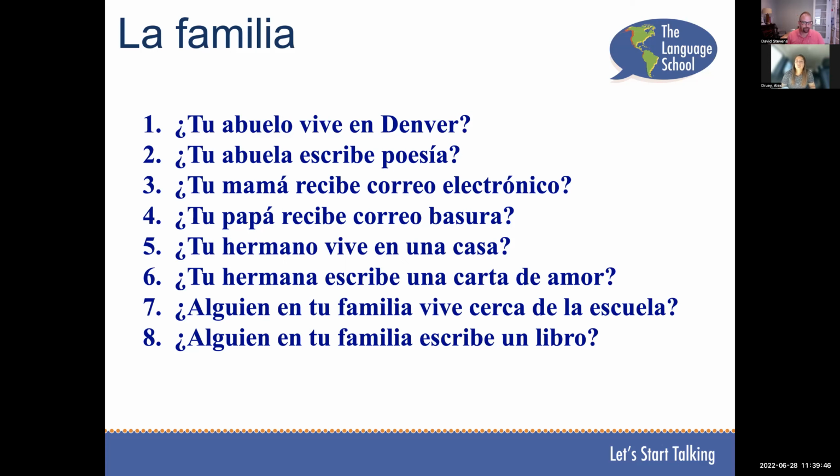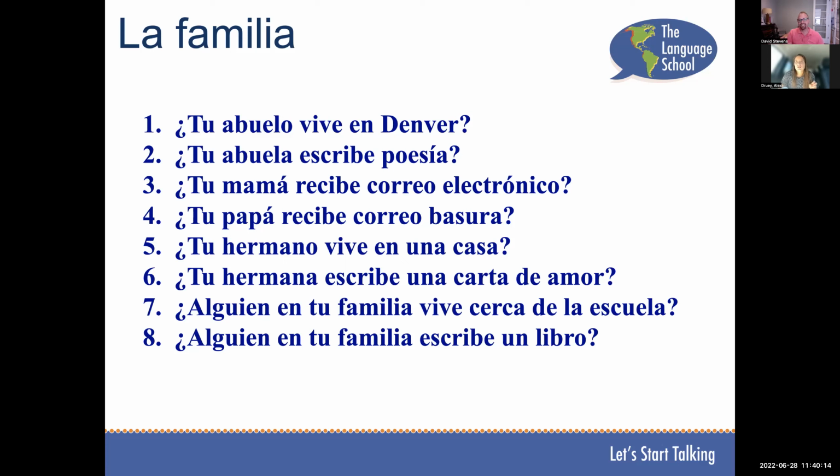¿Alguien en tu familia vive cerca de la escuela? ¿Qué significa vive cerca? It's city, right? No. Cerca means close to. ¿Qué significa alguien? Alguien means somebody.